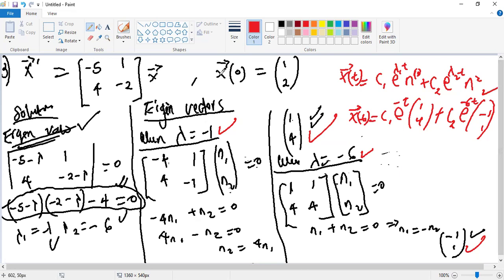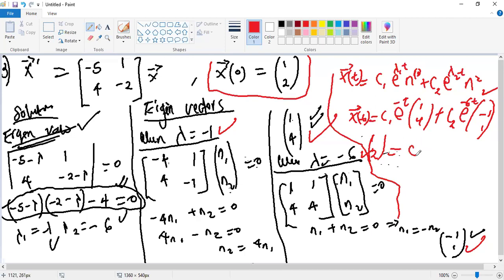However, we've been given initial conditions. These are the initial conditions. We are being told that at t equal to 0, x is 1, 2. So when we put this as 0 here, we will have 1, 2 over here, which will be equal to, let me put a line here for separation, this side, which is C1 exponential minus t, but t is 0. So the whole of this actually becomes 1. Exponential of 0 is 1.